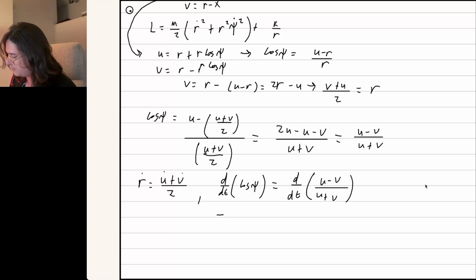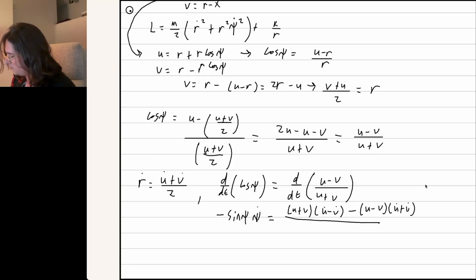So we'll have negative sine psi times psi dot equals, on the right hand side, a quotient rule problem, so it's going to be u plus v times u dot minus v dot, minus u minus v times u dot plus v dot, over u plus v squared.